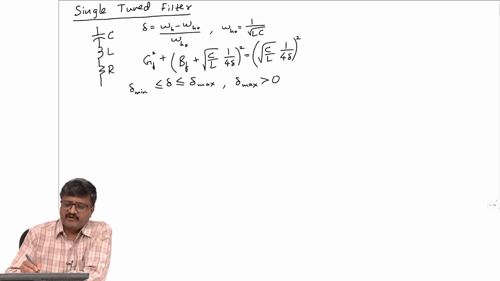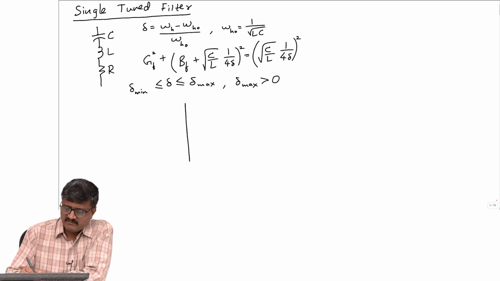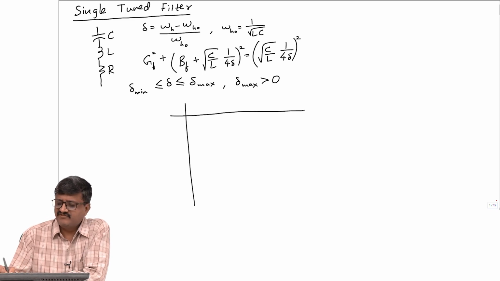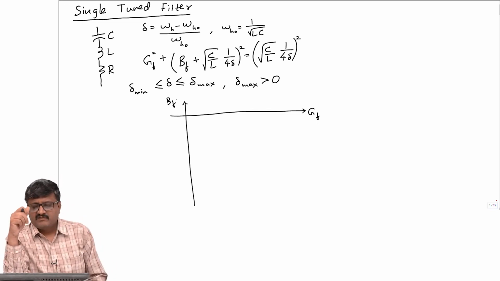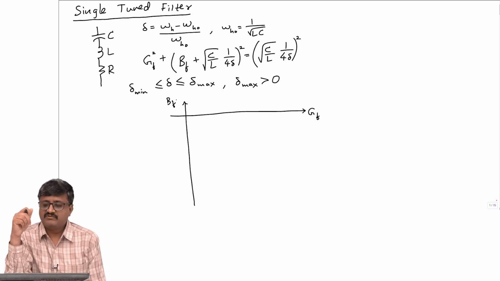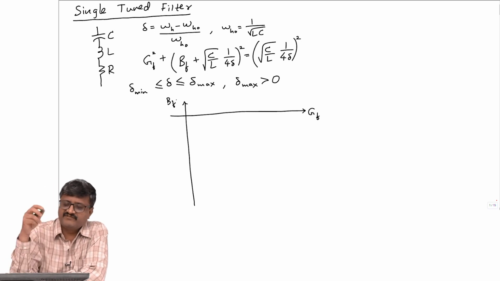Now, I will try to plot the curve given by this equation in this plane, where on one axis I have GF and on the other axis BF.